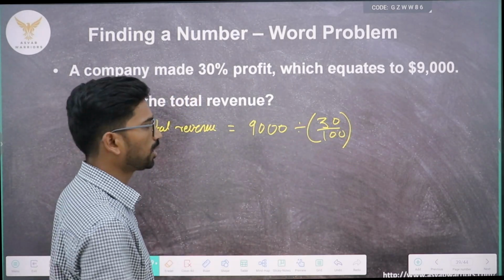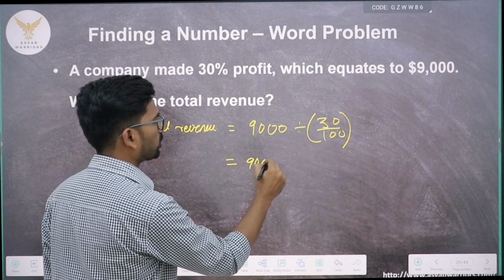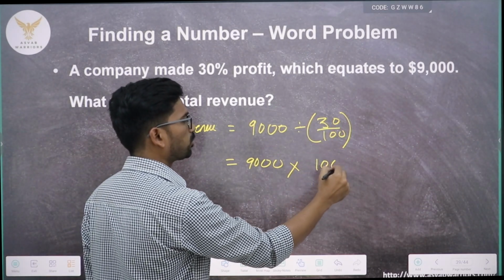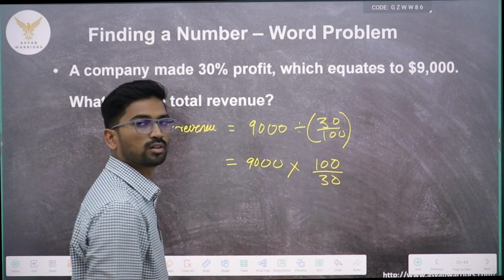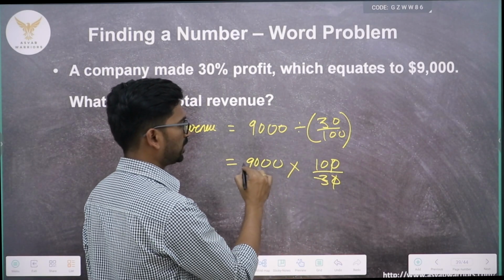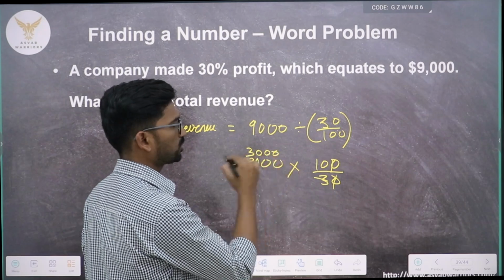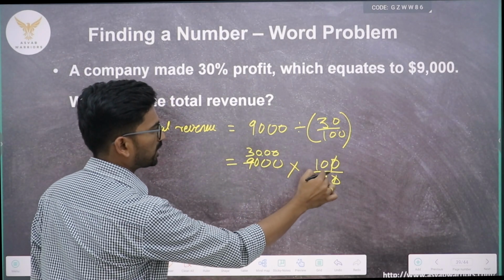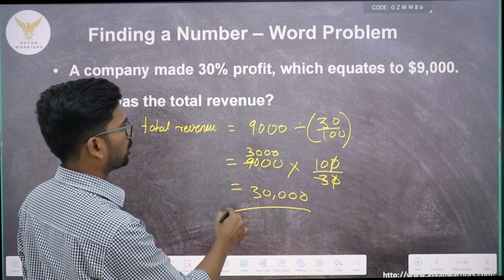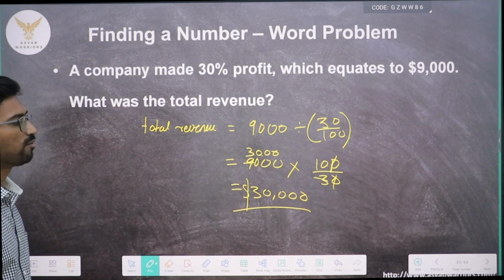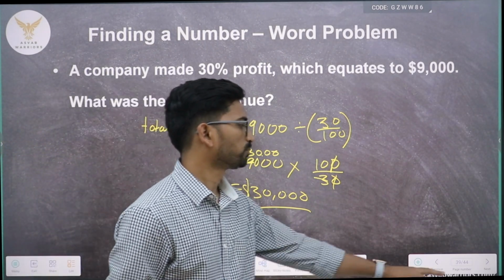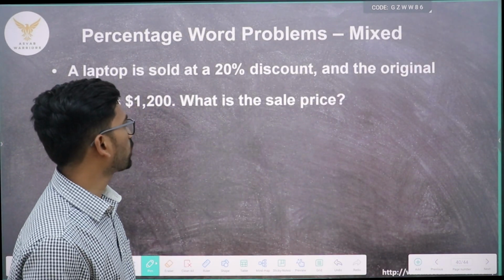So 30 by 100. 9,000, we want to convert this division sign into multiplication, so we will take the reciprocal of the fraction next to it. So 30, 0 gets cancelled. 3 3s are 9, 3 zeros as it is. So 3,000 into 10 will be 30,000. So the total revenue will be $30,000. Let's see what is the next question.